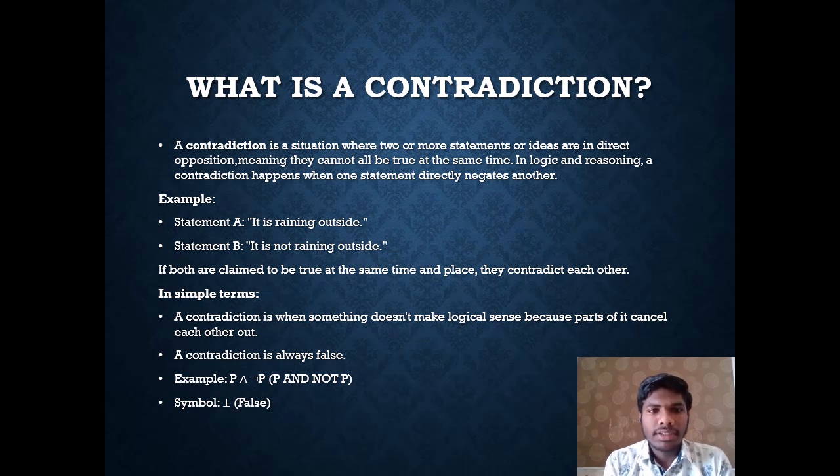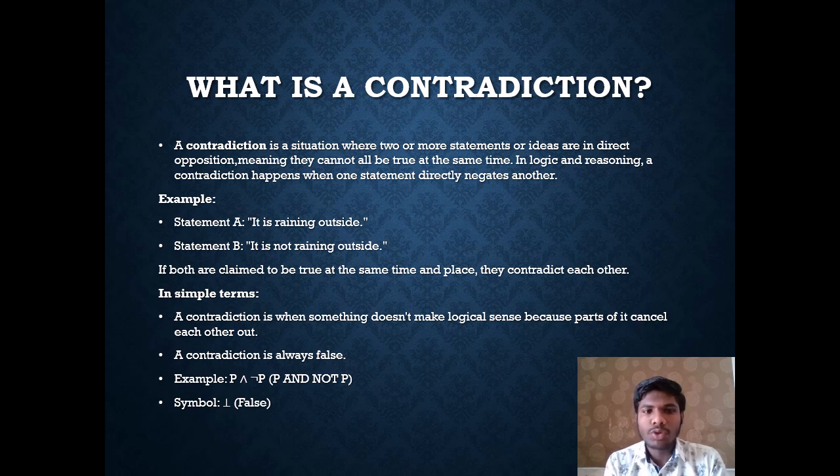A contradiction is a situation where two or more statements or ideas are in direct opposition, meaning they cannot all be true at the same time. In logic and reasoning, a contradiction happens when one statement directly negates another. Example: Statement A: It is raining outside. Statement B: It is not raining outside.